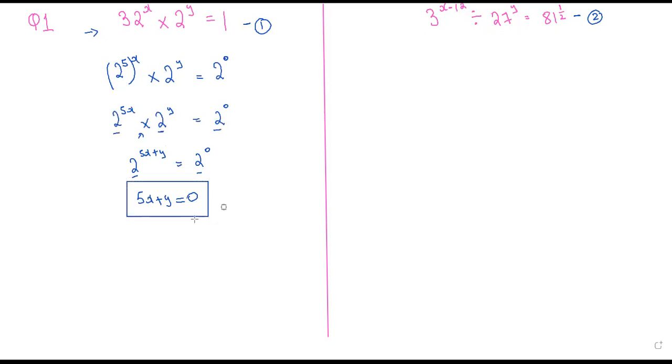Now I can think about this as my first simultaneous equation, and we'll solve the simultaneous equations later. But let's talk about this equation right here. Now again, this looks very complicated, but trust me, it's not. Let's try writing things in a much better way. So basically we have x minus 12 as the power of 3.